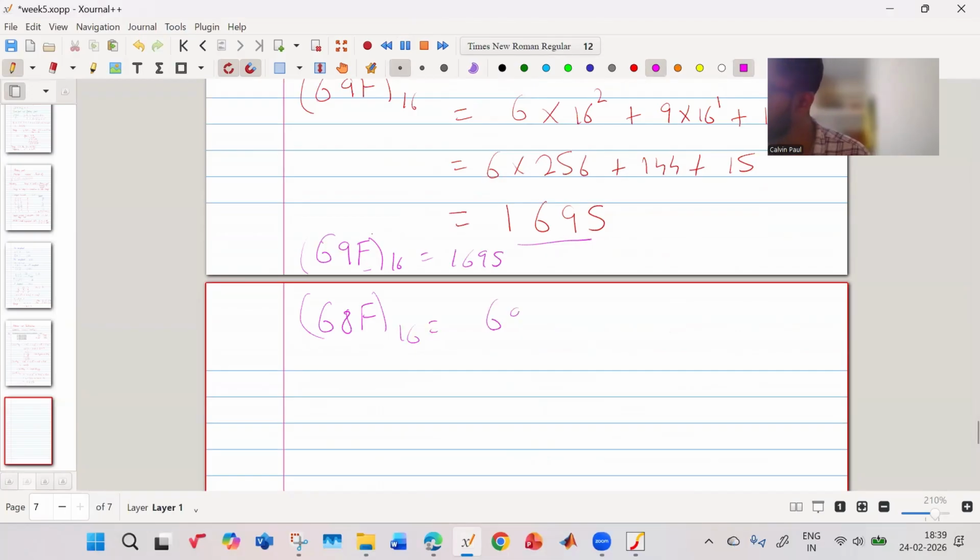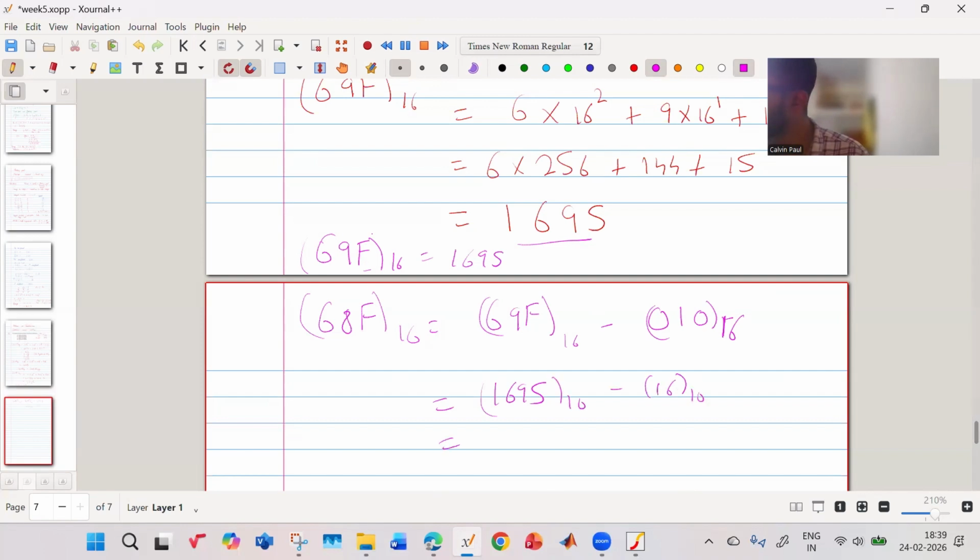That is actually 69F minus 1 into 16, right? So it actually means 1695 minus 16.